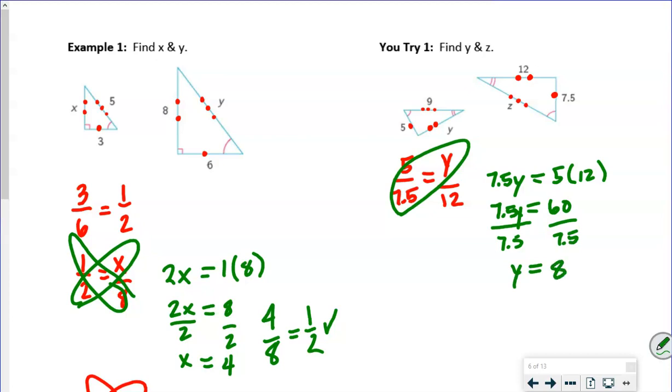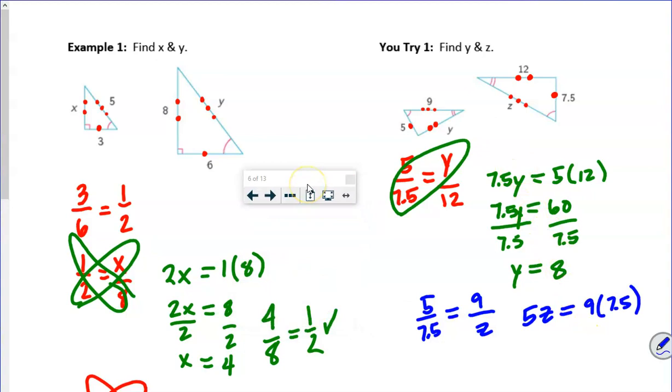Okay, so we're going to talk about these ratios in just a second. Okay, so just hold on 1 second. All right, now let's do the other one. So we're going to use the same ratio, that 5 over that 7.5. And now we're going to look at our 3 dot side. So now we got a 9 over a what? Z. So once again, we're cross multiplying. So we're doing 5z is equal to 9 times 7.5, okay?